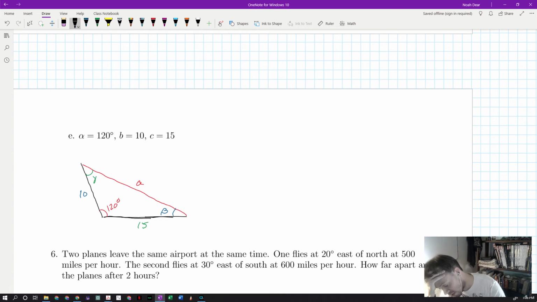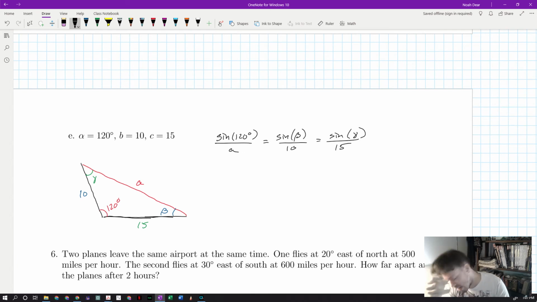So if I try law of sines, I would get sine of 120 degrees over A equals sine of beta over 10 equals sine of gamma over 15. And here we see that there's two variables in any of the equations that we pick. So sines does not work.